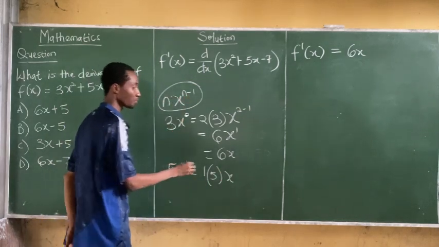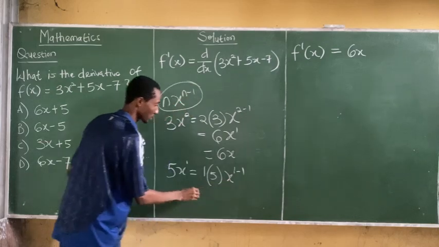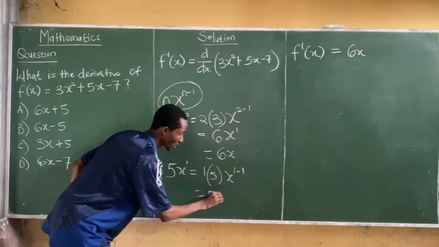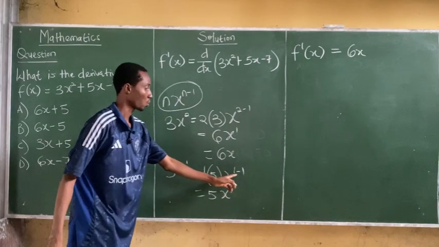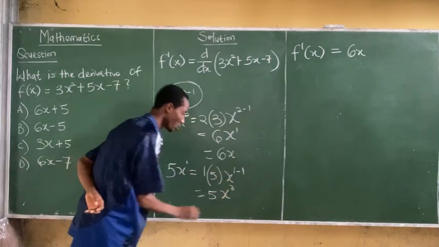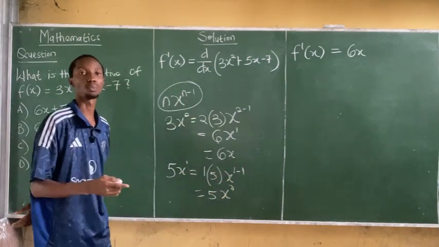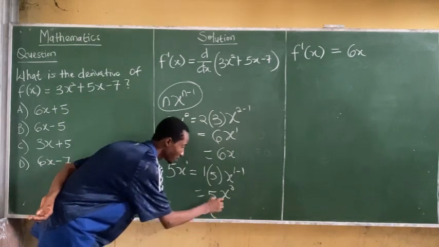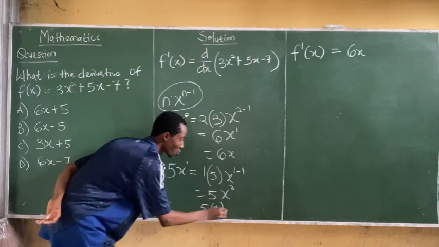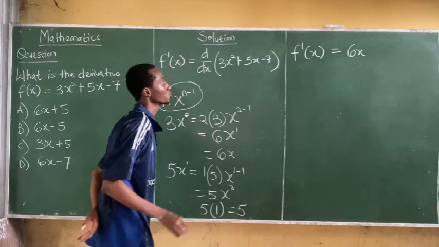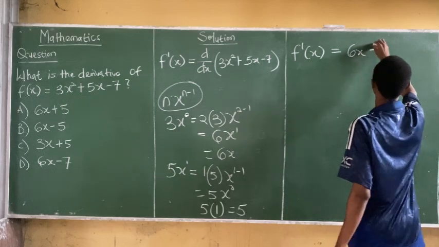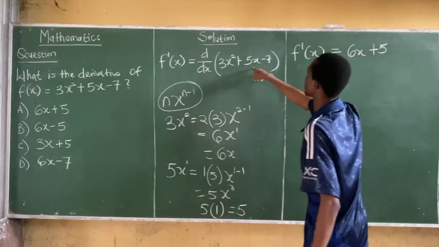N here is the power. 1 minus 1. This will give us 1 times 5 gives us 5. X to the 1 minus 1 is x to the 0. From law of indices, anything raised to the power of 0 is what? 1. So we have 5 times 1, which is equal to 5. So the second term we have here is plus 5. We have differentiated this one.